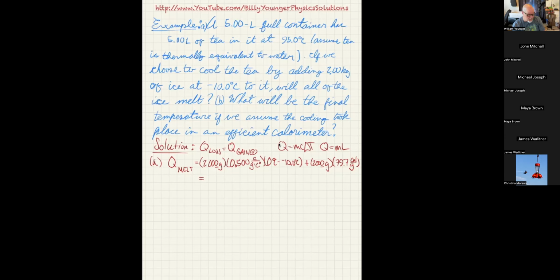And then I'm going to say plus 2,000 times 79.7. And that gives me 169,400. 169,400, and of course, that's 4 sig figs. So all 3 of these are not good. And that's calories.